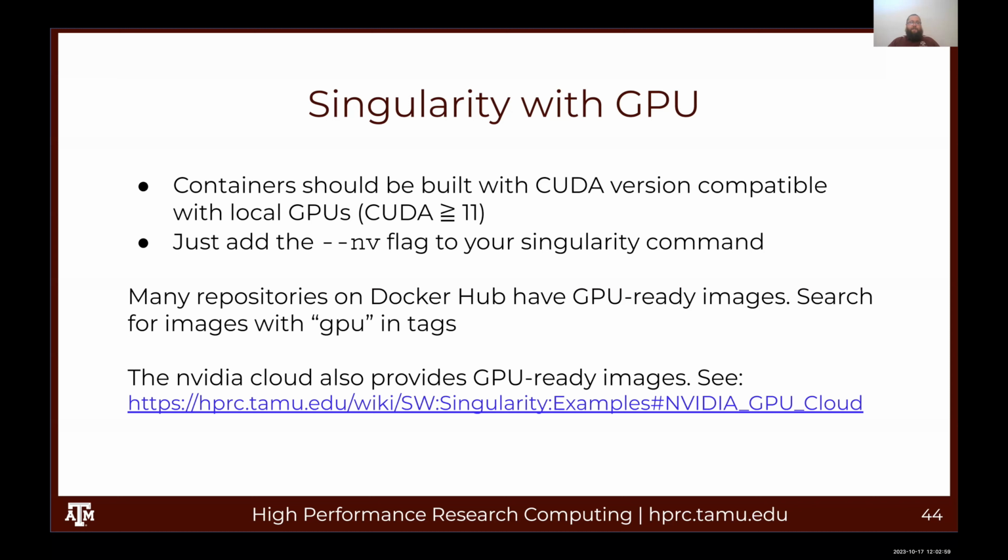In order to use an image that is GPU-ready and connect it to the local GPUs, you simply add the --nv flag to your Singularity command. And what that does is it instructs Singularity to bind mount all of the local GPU drivers from the compute node into your container.